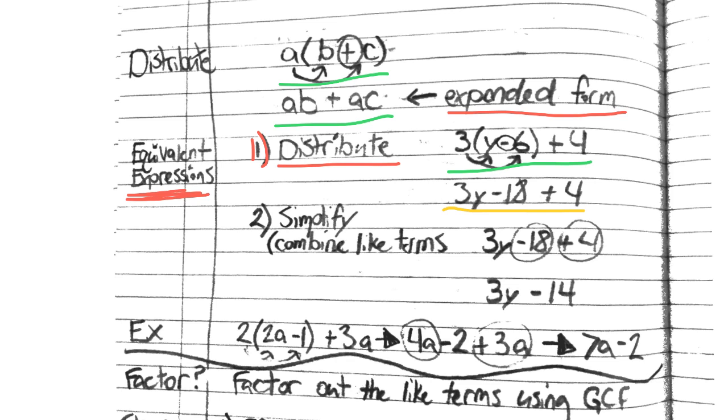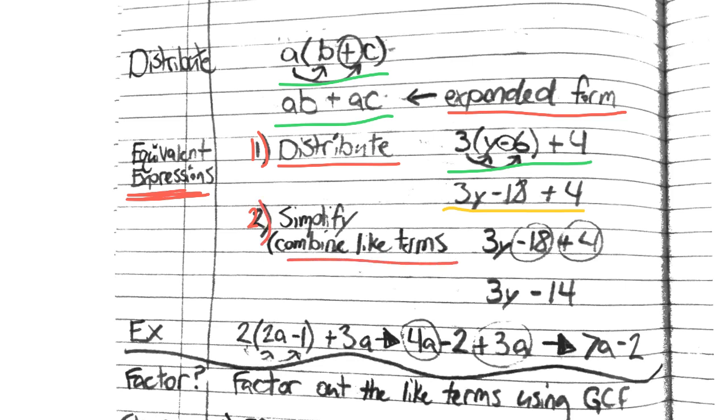Now, the ones where we distributed last week didn't have any like terms. We said in class, okay, this 3y and this minus 18, I can't combine those because the 18 doesn't have a y on it, so they're not like terms. But now our expressions, we've added some numbers so that we now have to ask ourselves, how can I simplify this and combine like terms?